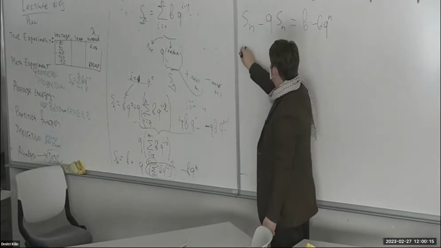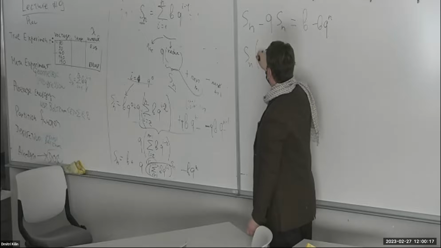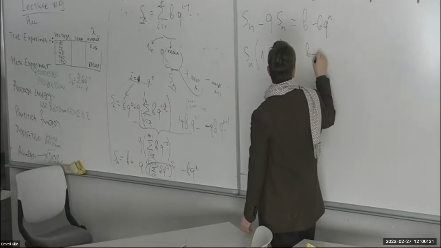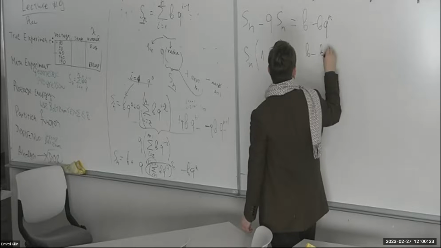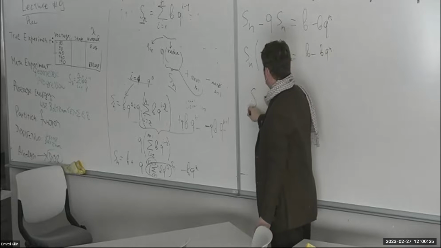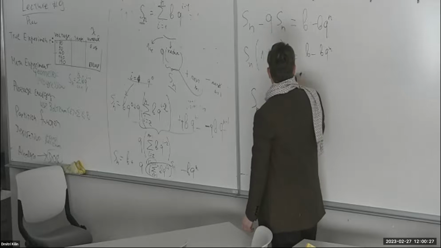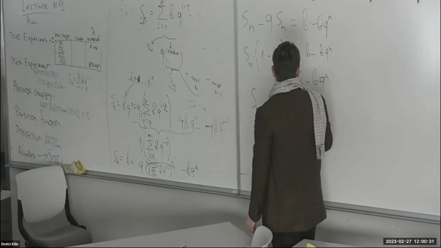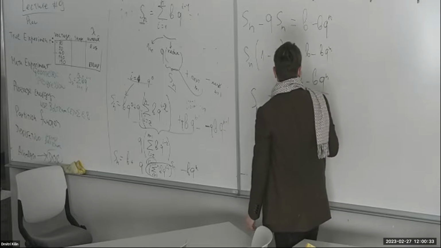So here I can put S sub n outside of the brackets: (1 minus q) equals b minus b q^n. And then I can solve for S sub n: b minus b q to the power n, over 1 minus q.